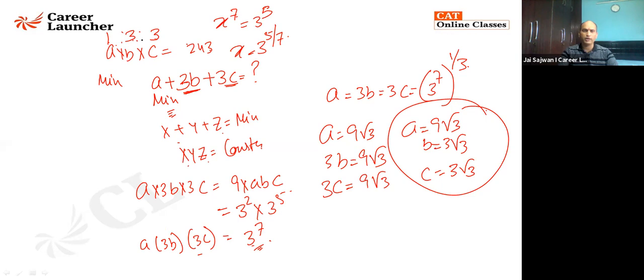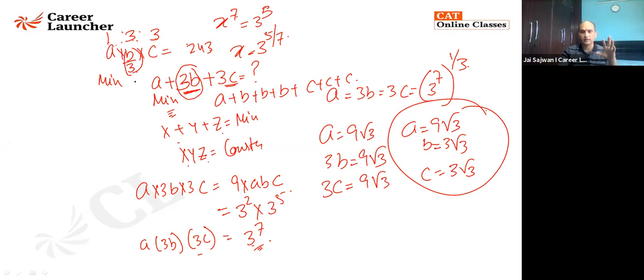Now, what I do here is, because it is written as a plus b plus b plus b plus c plus c plus c, I know this value is going to come 3 times. So rather than writing it as b, I'll write b by 3 whole cube.